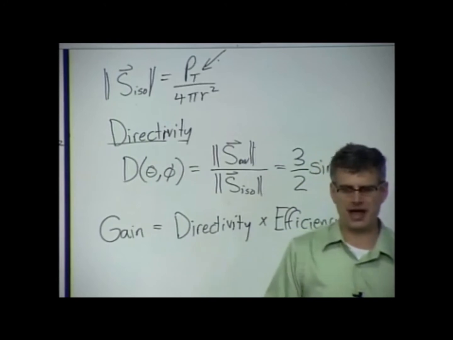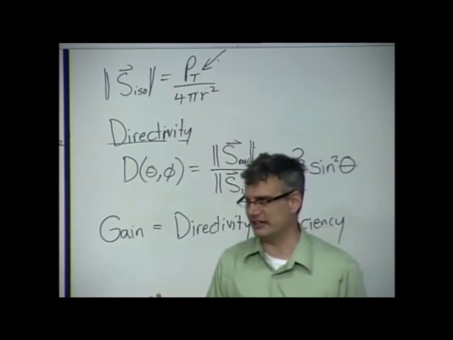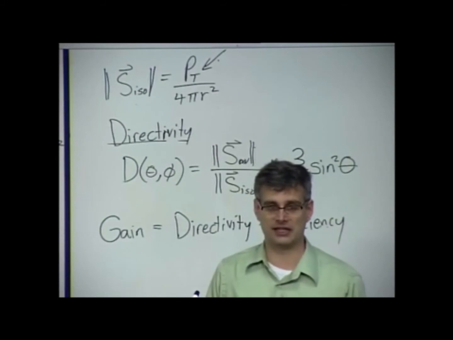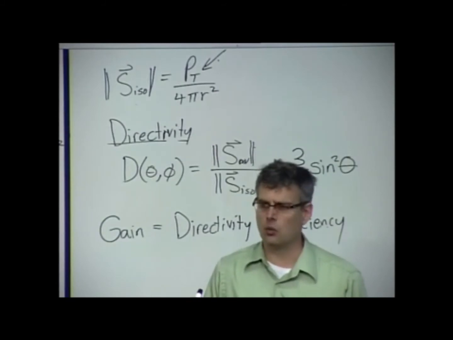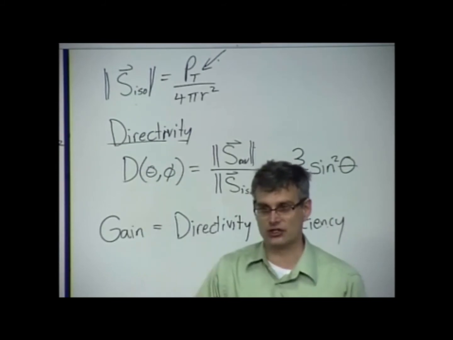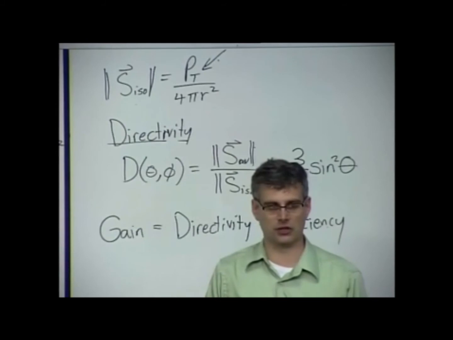Where do you lose power in a radiating system, whether it's being used as a receiver or as a transmitter? Well, ohmic losses, for one. Your antenna is not usually made out of superconductor metal. So when it sloshes current back and forth, there's a little bit of ohmic loss there.